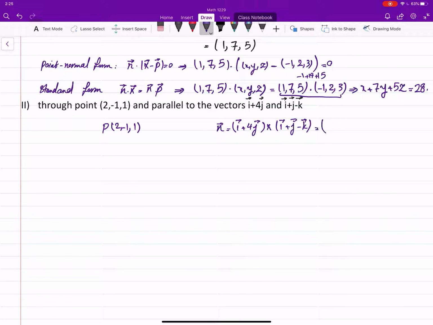And well, let's turn them to the component form. This is 1, j is 4, there's no k, 0, cross 1, 1, -1. Very nice. So this is a vector with 3 components.